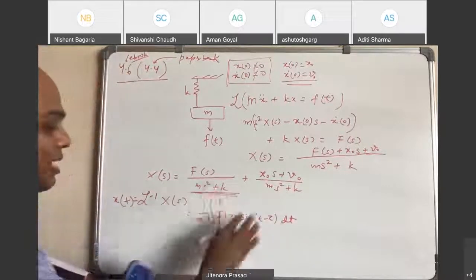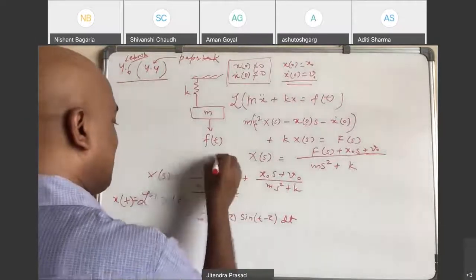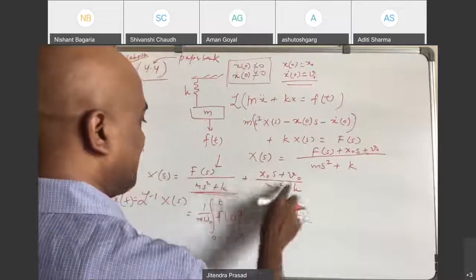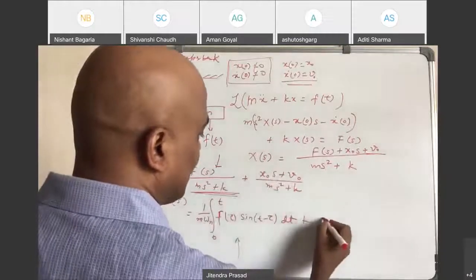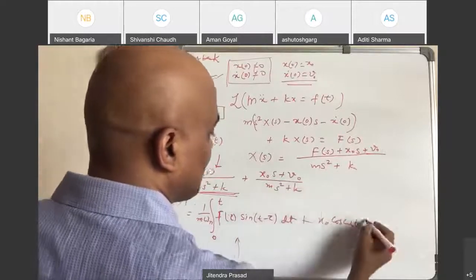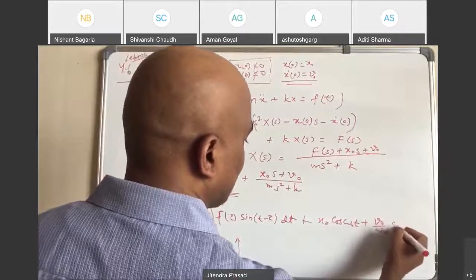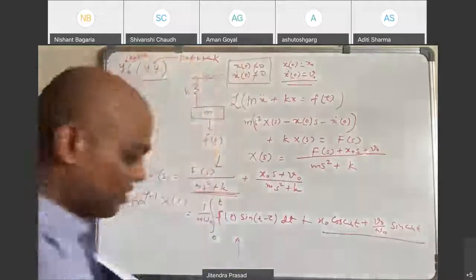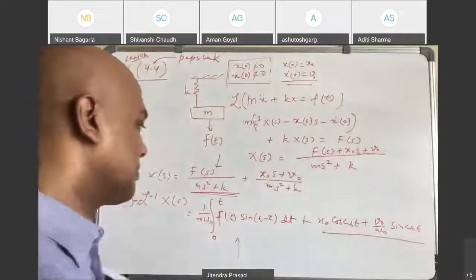You already know how to solve this. The inverse Laplace of the other part, you can find from here, will be x naught cos omega n t plus v naught over omega n sine omega n t. So this term will automatically come into the picture. This is how you can solve it.